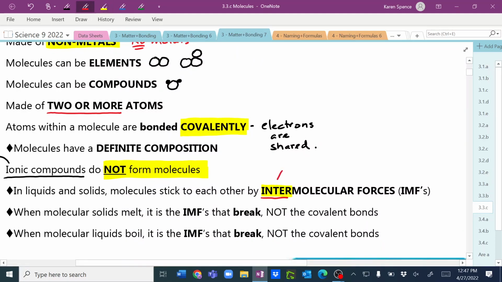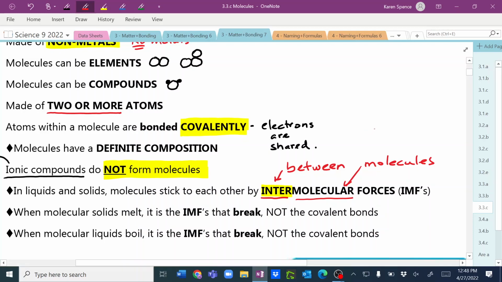Inter means between. And obviously molecular means molecules. Yes, of course. So if there are forces in between molecules, we call those intermolecular forces.